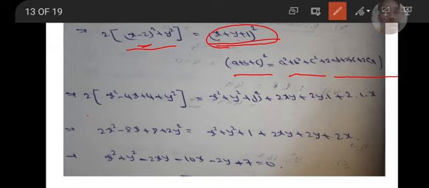So here, 2 into LHS (x minus 2) whole square, a square minus 2ab plus b square, that is x square minus 4x plus 4, plus y square as it is. Next, on the RHS, a square plus b square plus c square plus 2ab plus 2bc plus 2ca: a square means x square plus b square means y square plus c square means 1 square, 2ab means 2xy, 2bc is 2y into 1, 2ca is 2 into x into 1.